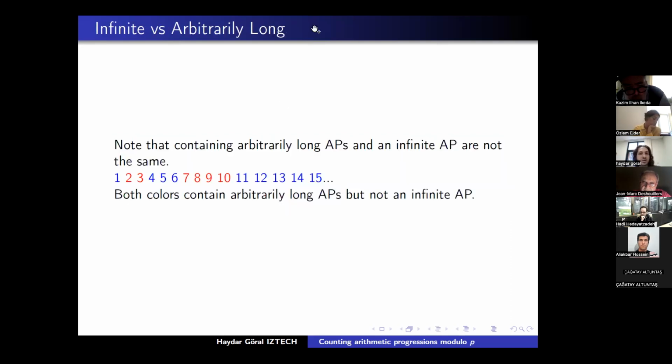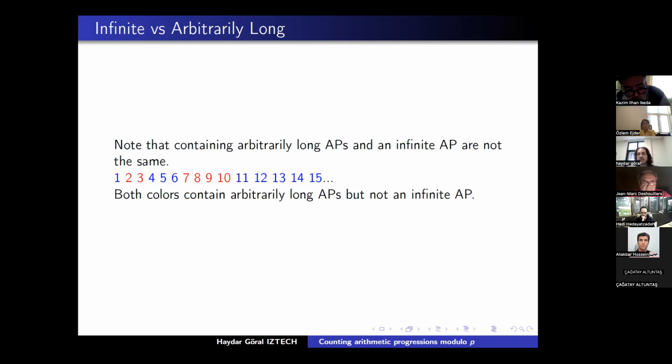Okay, so I already mentioned this: containing arbitrarily long arithmetic progressions and containing an infinite arithmetic progression are not the same. The basic example is this sequence. You use just two colors, blue and red. The color of 1 is blue. Then you use 2 reds, then 3 blues, then 4 reds, then 5 blues, and so on and so forth.